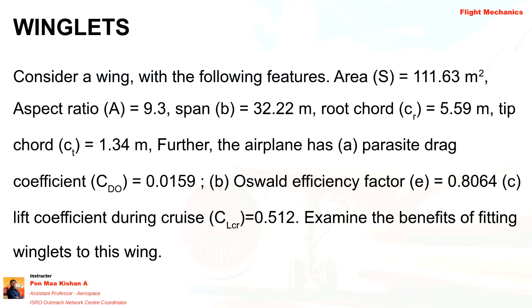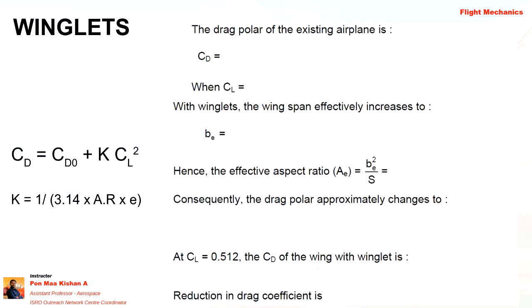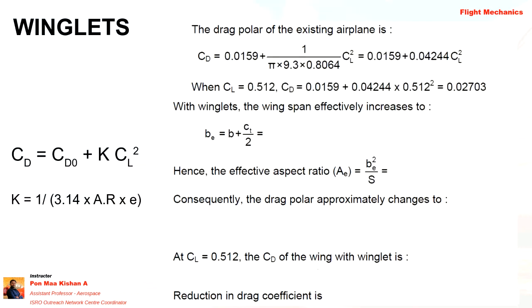In the question, the root chord and tip chord are given, 1.34. We have to use the span length, which is also given in the question itself. Use the span length and the tip chord of the winglet, and we can find the effective span. Kindly calculate.